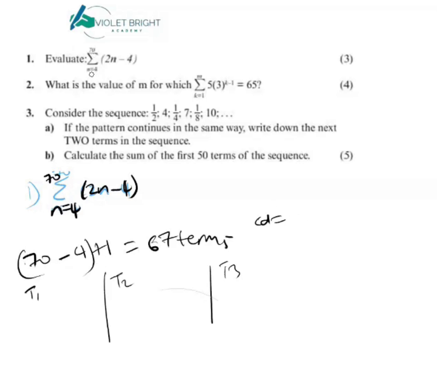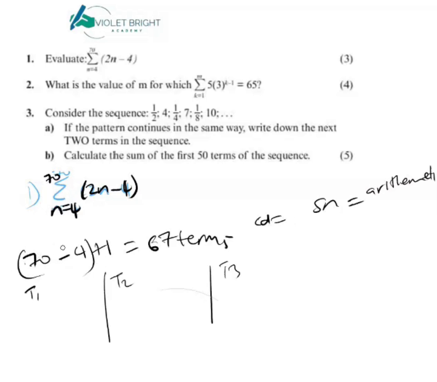Remember that sigma means the sum, so we can try to find the sum of this arithmetic sequence. But we can still check whether it's an arithmetic sequence or not by finding the first 3 terms and the constant difference.